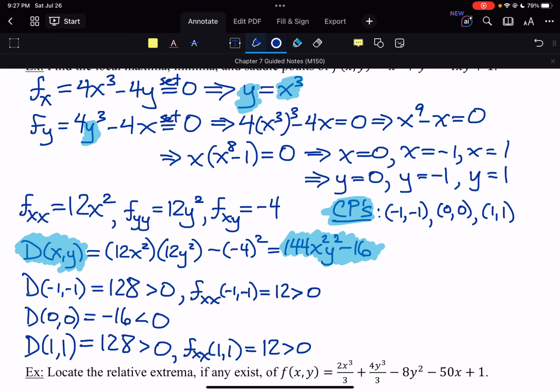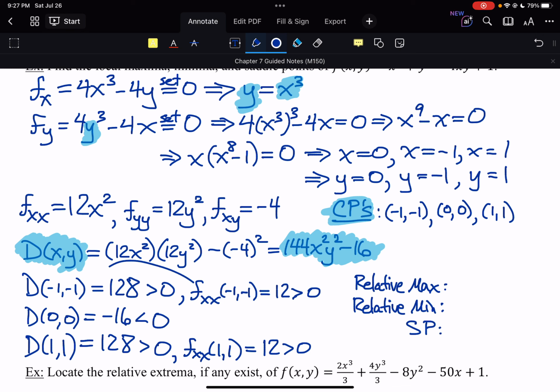All right, so for our conclusions here, we'll take relative max, relative min, and saddle points.